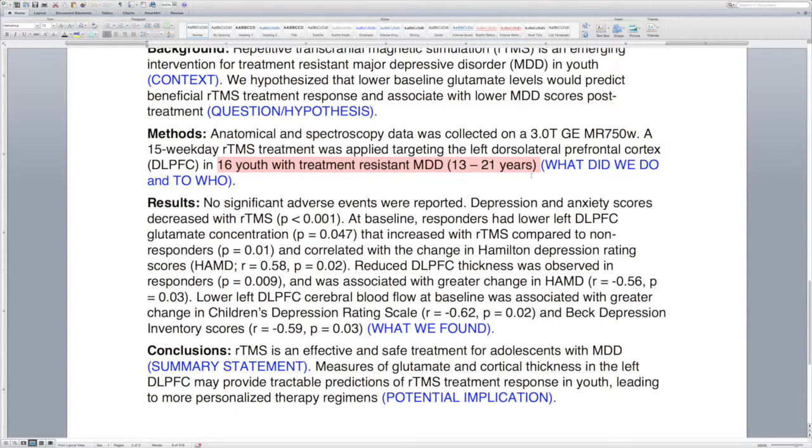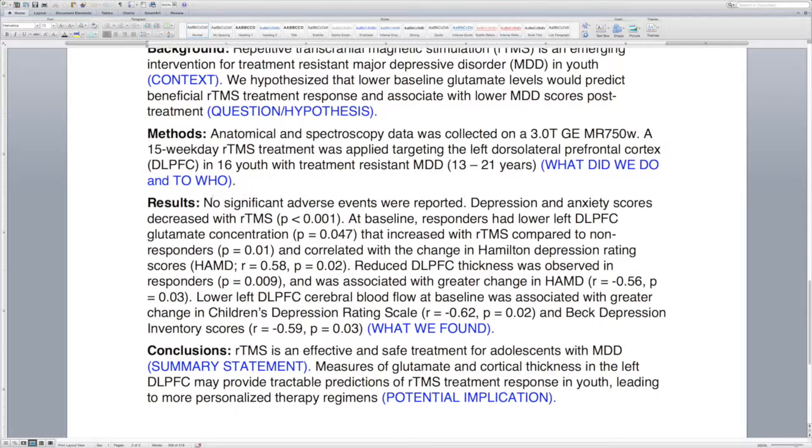So what did we do to whom? Very simple, very quick, punchy. We didn't get too bogged down in trying to explain every detail. When you present your data at the conference, people will come up to you and ask if they want to know which depression scale you used or which particular statistical approach. They can ask you, and you can talk them through it, and then you can make a great contact that way.